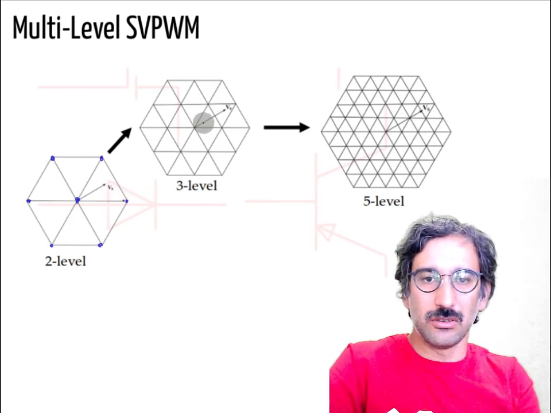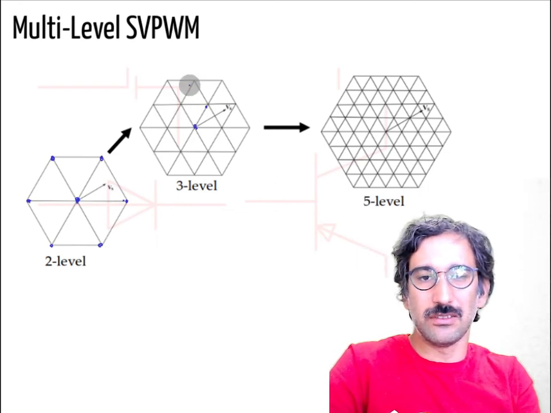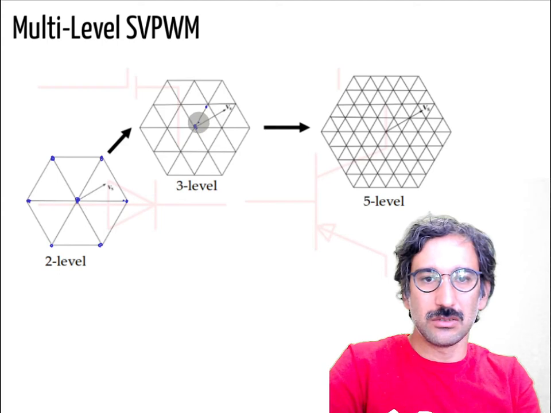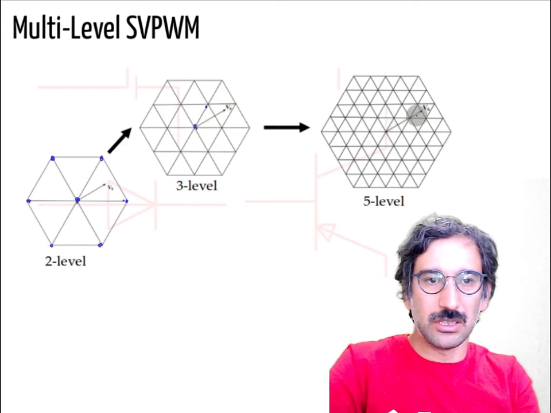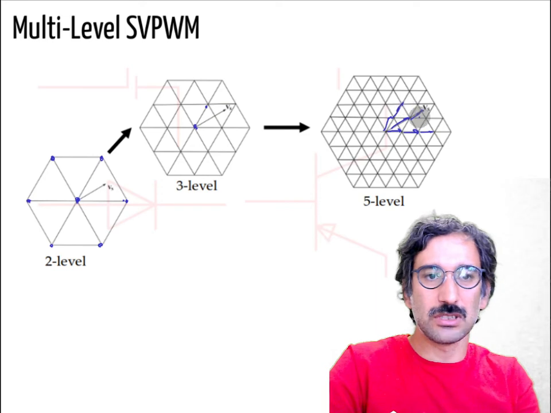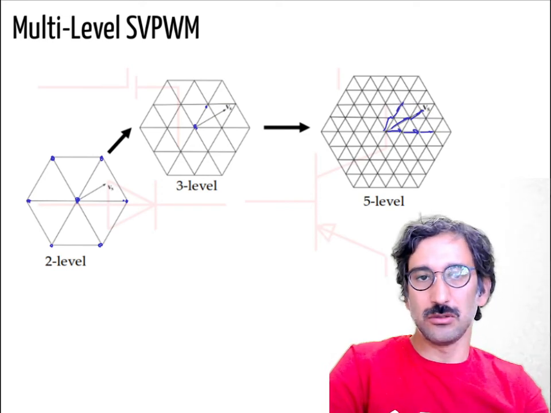In a 3-level or 5-level inverter, there are more voltage vectors. That means if I want to generate the same phasor, I have more vectors, more switching states that I can use.